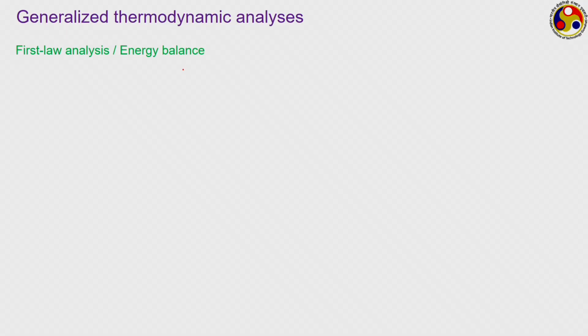So, we know that for any generalized thermodynamic system, if we want to perform a first law analysis, we can write an energy balance or a principle of energy conservation. For an infinitesimal process, it can be written as the rate of change of energy of the system equal to the rate of heat supplied to the system minus the rate of work done by the system, plus, if there is any mass interaction involved, the amount of energy supplied with the mass.